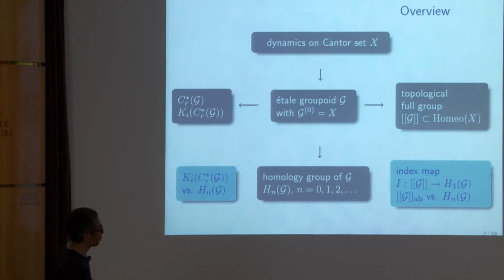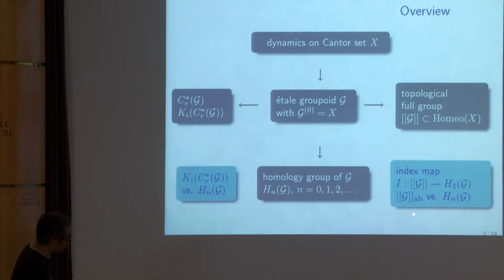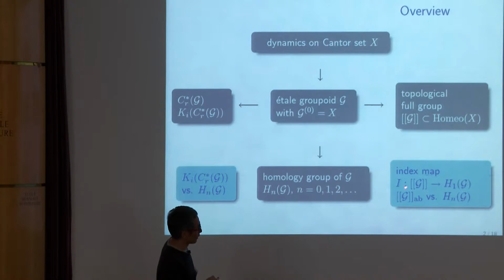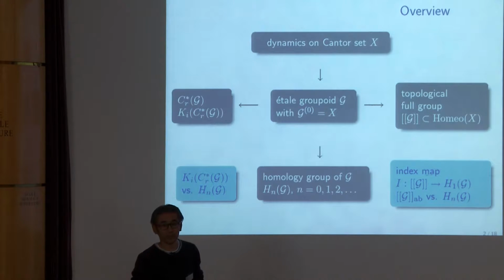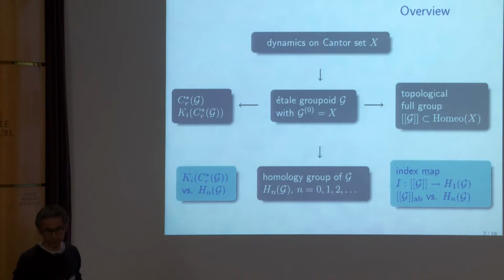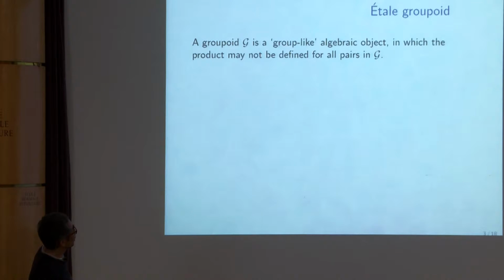But I can define a natural map, which I call the index map, from the topological full group to H1 of G. And moreover, I can discuss the abelianization of double bracket G, denoted G sub AB, and its connection to homology groups. So the main interest in this talk is these two things.